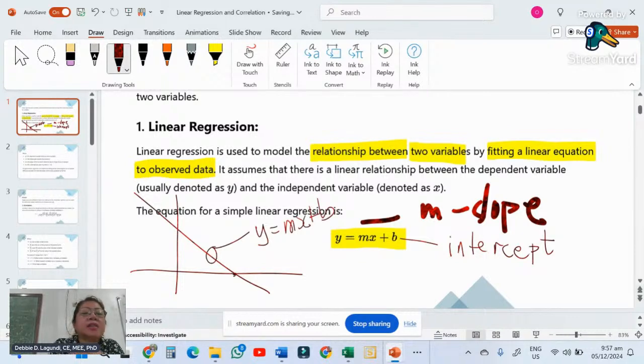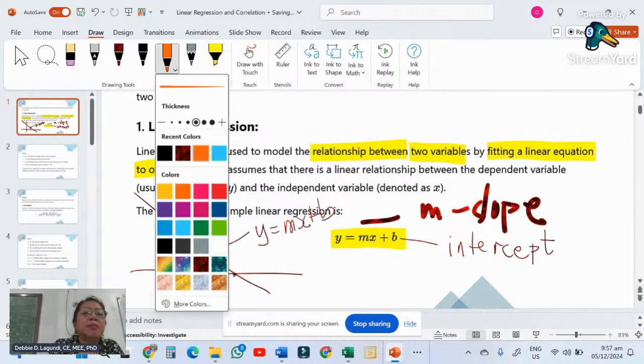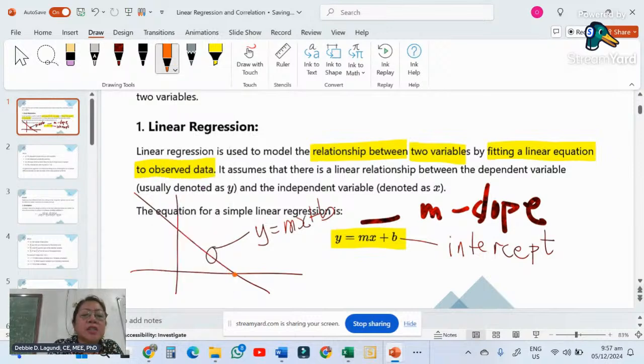This is the x-intercept, and this is the y-intercept. Intercept means when the line crosses a particular axis.